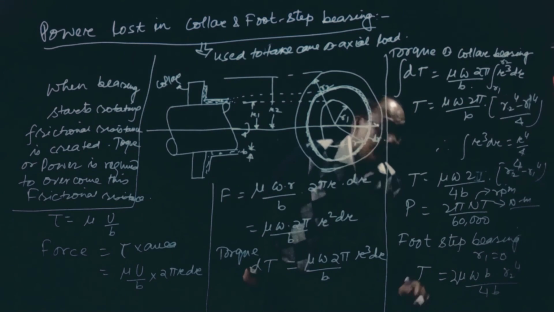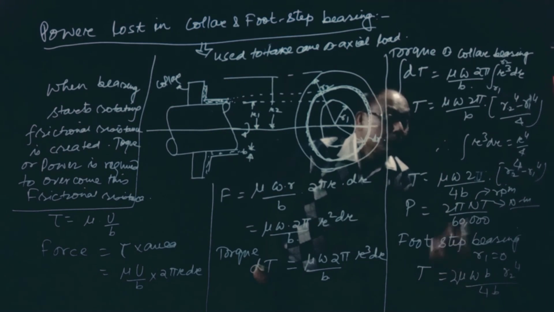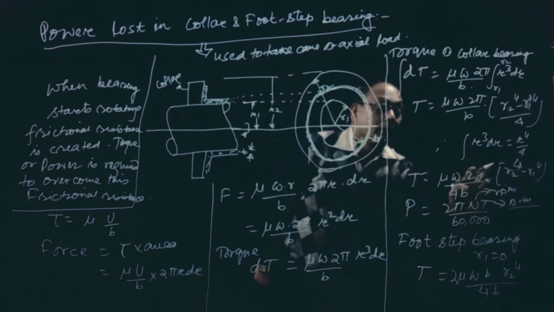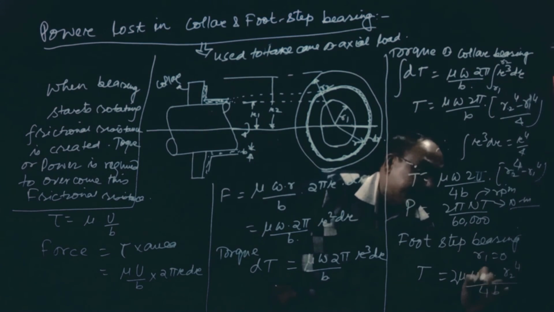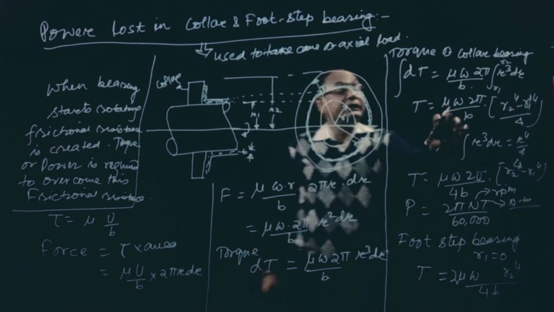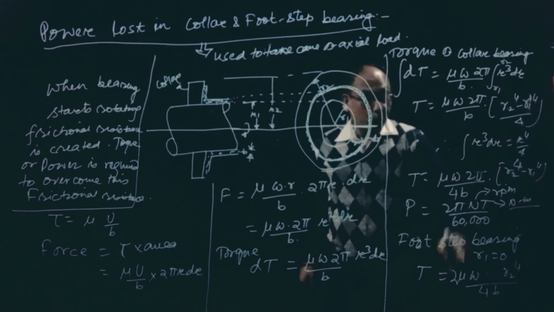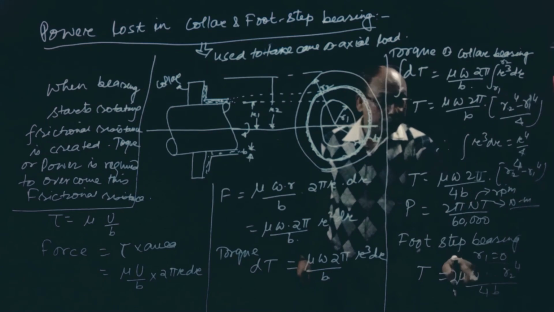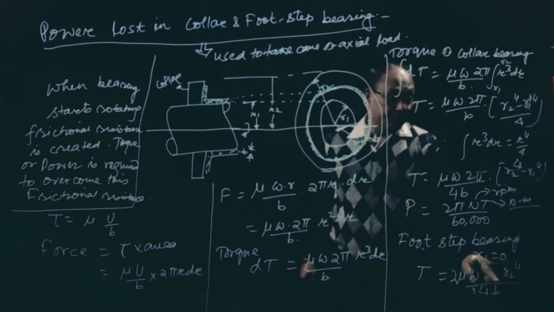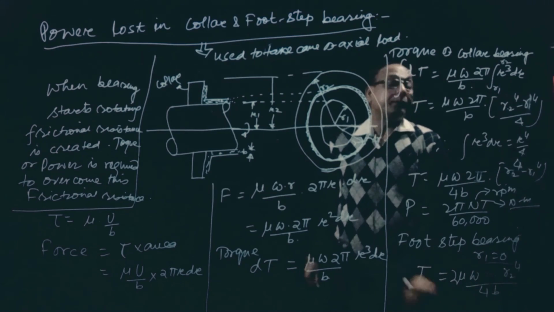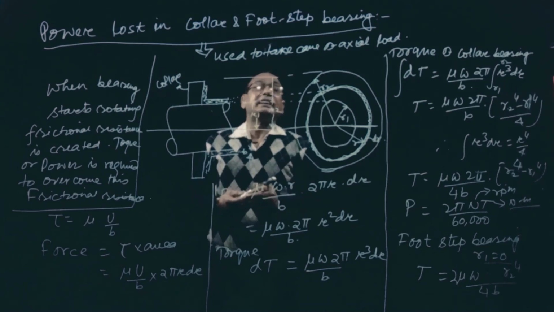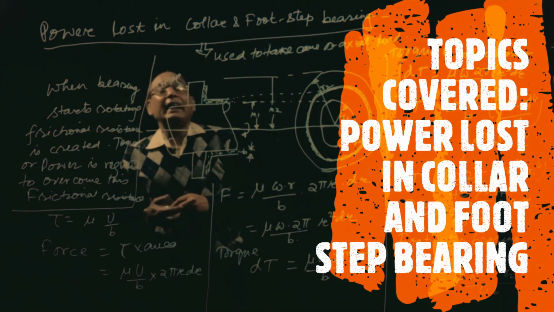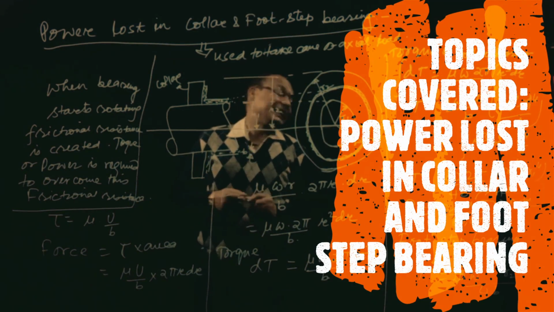So it will be 2 pi mu omega into r2 to the power 4 by 4b. Okay, so based on this syllabus, I have completed this unit theoretically, and I am going to solve the numericals in the next class. Thank you.